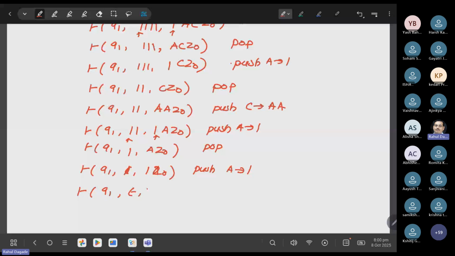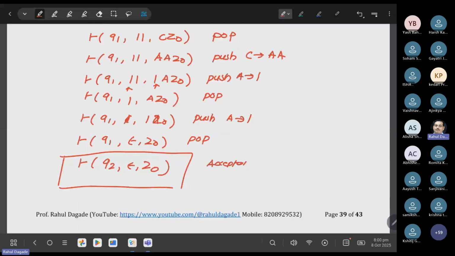So this is acceptance of string, which string? 0 and 4 ones, by final state.